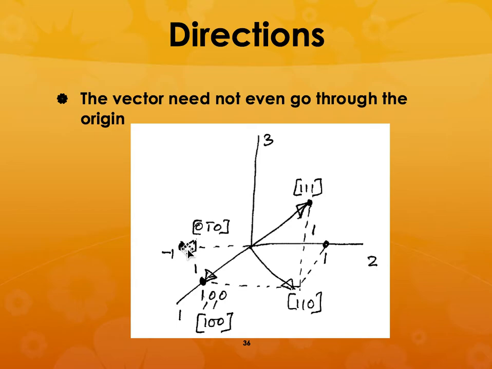This one is 1, 1, 0, etc. Here again, the vector need not even go through the origin. Suppose you want to draw an arbitrary vector from this point to this point. You need to know the starting point and the end point. If you take the difference of that and make it integer units, then it should give you the direction.